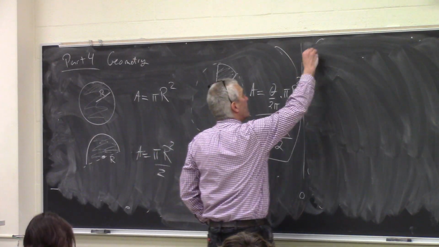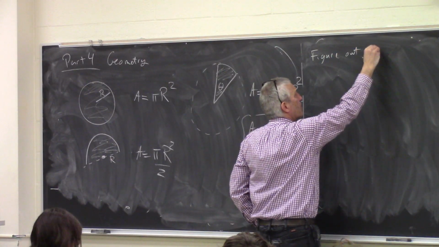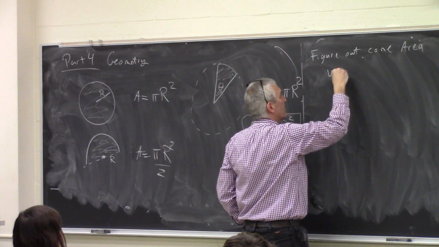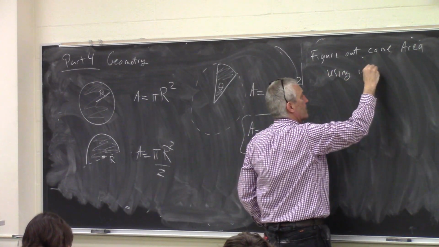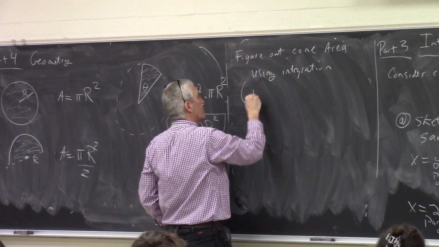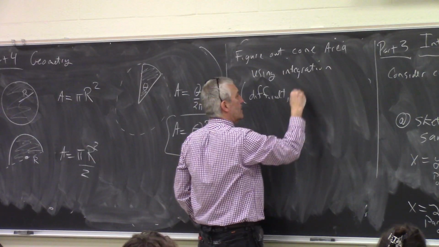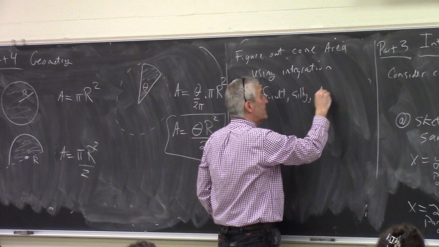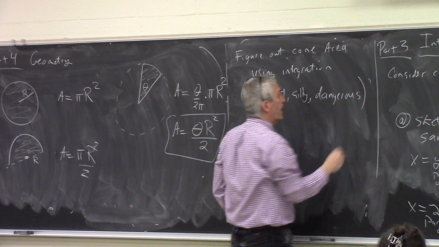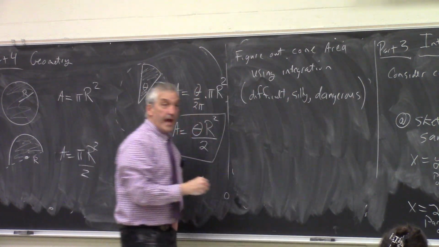So let's figure out the cone area using integration. So this is difficult and silly and really dangerous. I'll be okay, but it is dangerous. Because we already have a formula, right?